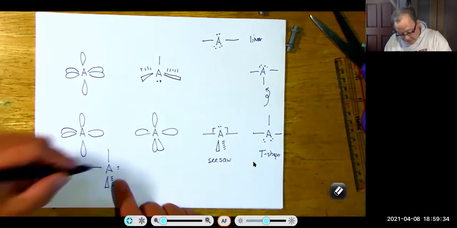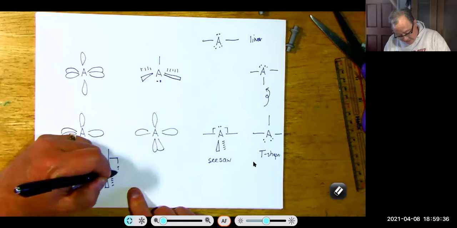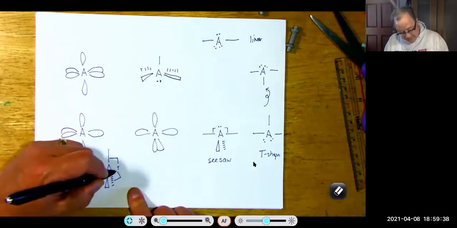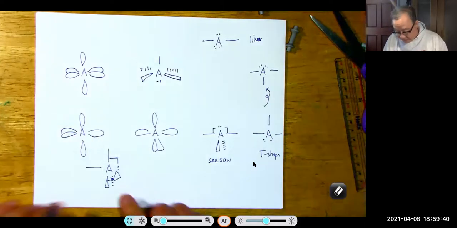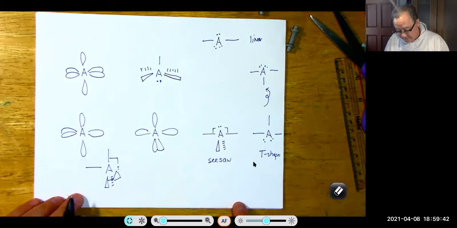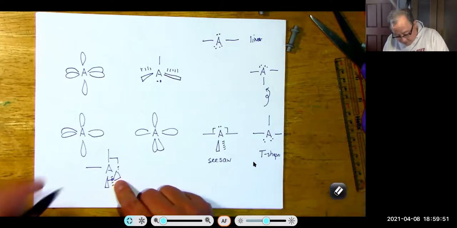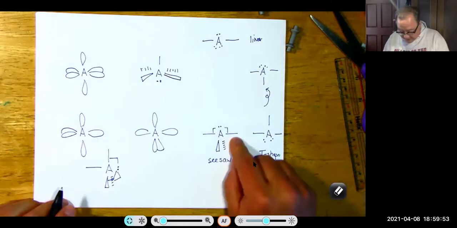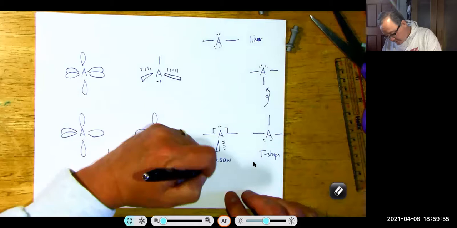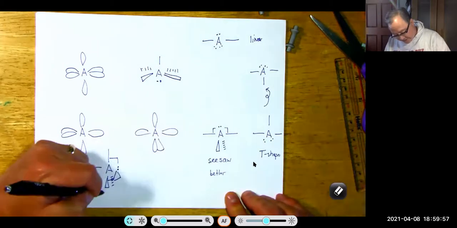You got a 90-degree angle here, a 90-degree angle with that, and a 90-degree angle with that. 3 90-degree angles. Here you've only got 2. So when you have such small angles, there's a lot of repulsion. 3 very repulsive events versus 2 means this is better. And this is not.